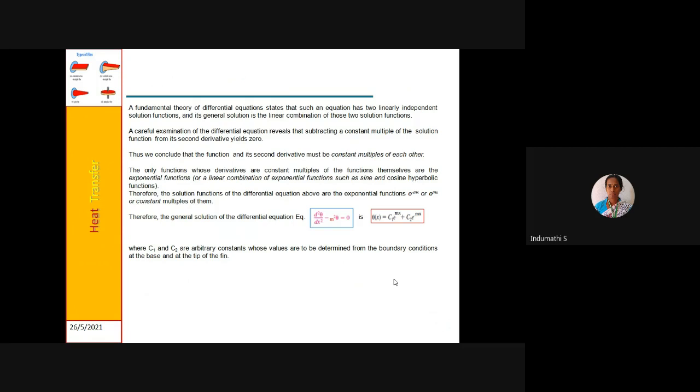So the solution functions of the differential equation above are exponential functions, e to the power minus mx or e to the power mx.